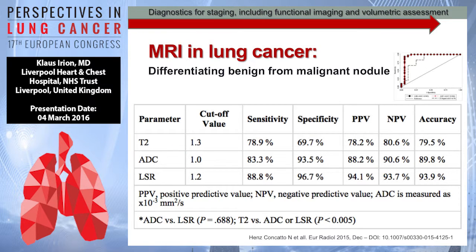We have repeated the study, and we found even better results using 1.2 as a cutoff point in the ratio between the lesion and the spine signal, going to an accuracy of 94%, which, as you see in the end, if you get a larger sample than we had, will be around 85 to 90.